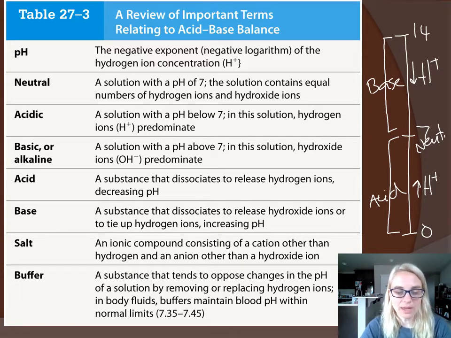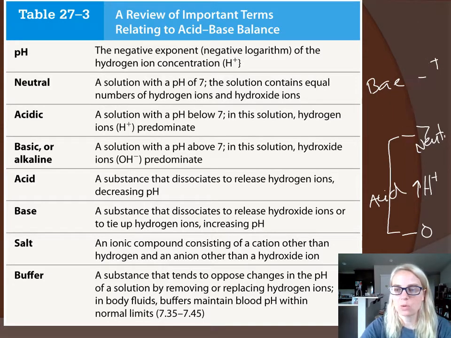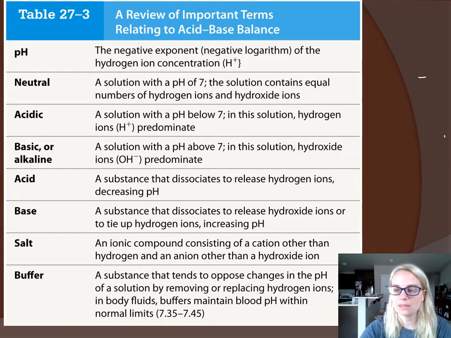Okay, so when we take a look at an acid or a base, what are those things? They are things that are going to affect that hydrogen ion concentration in solution. If you have a substance that, when mixed with water, dissociates, which means it breaks apart, and increases the concentration of hydrogen ions, we call that an acid.